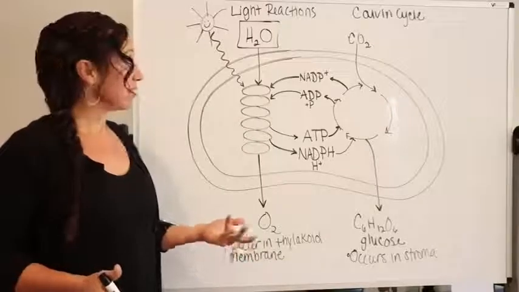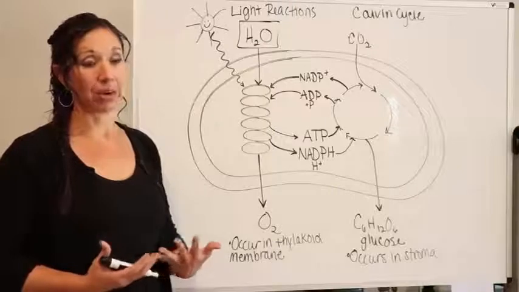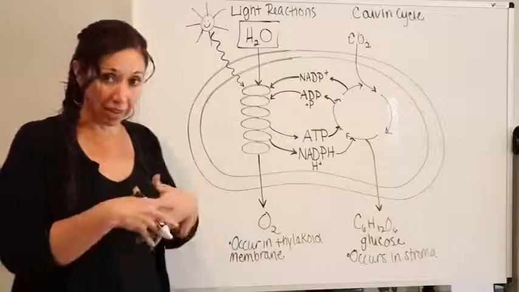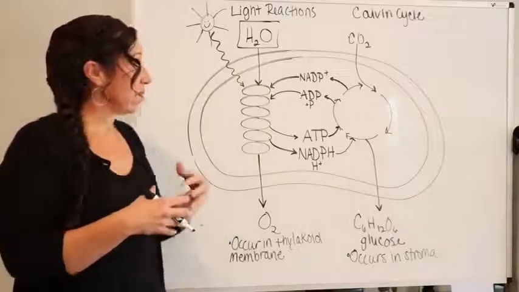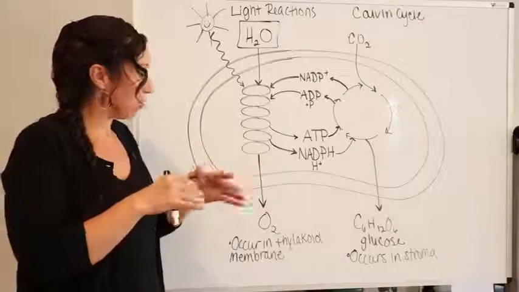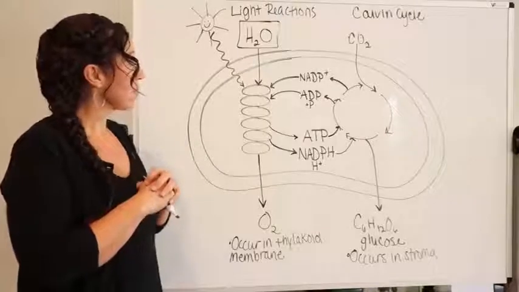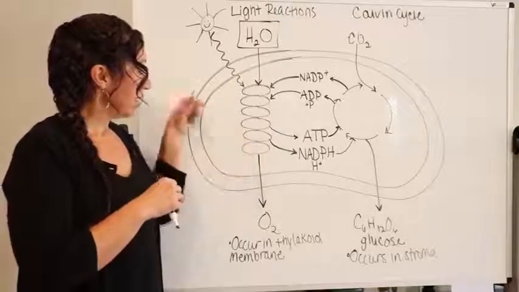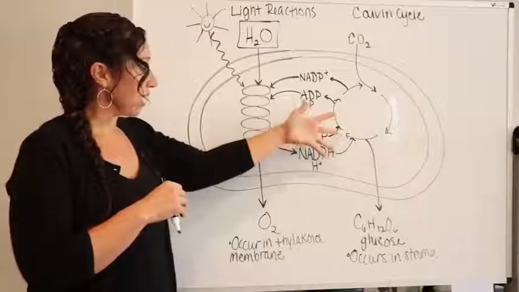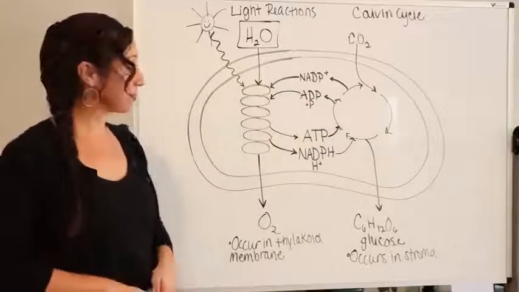At night, you don't have light going on, so the whole cell just kind of shuts down, and that's why plants have learned to adapt. They close up their pores, they do a whole bunch of stuff to really conserve their energy well. As soon as the light goes away, they basically use up whatever they have left over, and then it's done. So this is a daytime kind of thing.